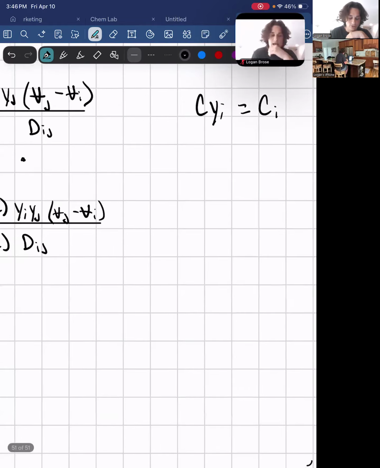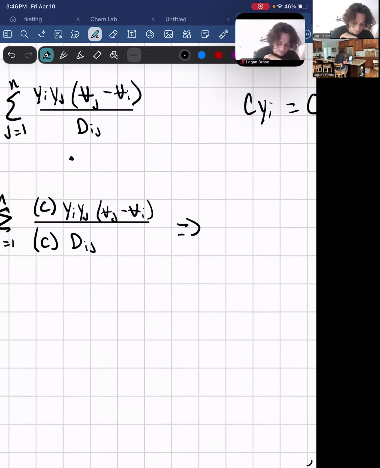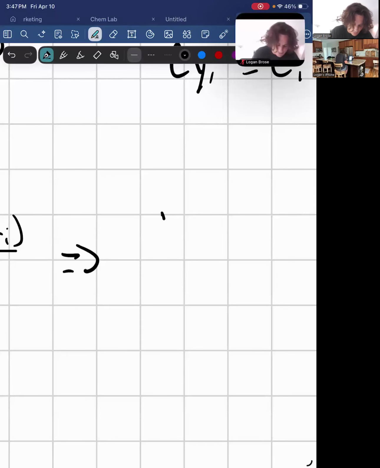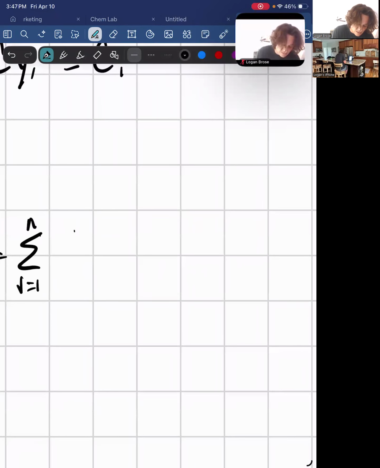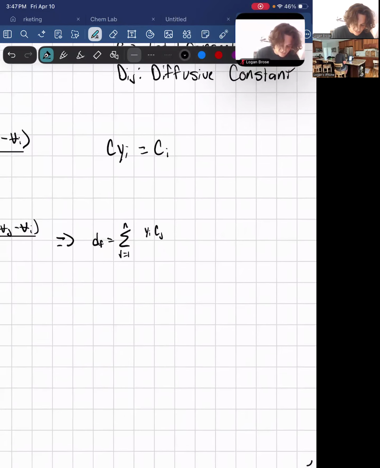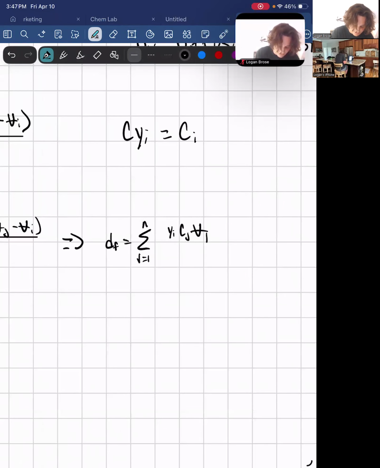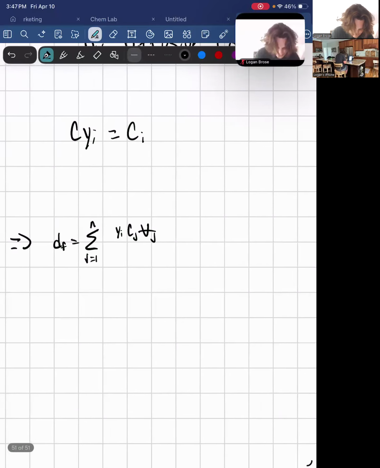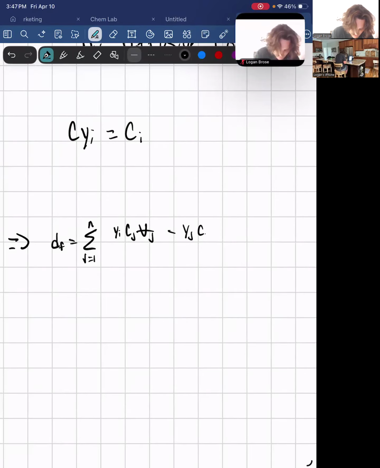And so we can multiply this out and we will get dF equals the sum of yi times Cj times our vj, and then minus our yj Ci vi, all over C Dij, right?